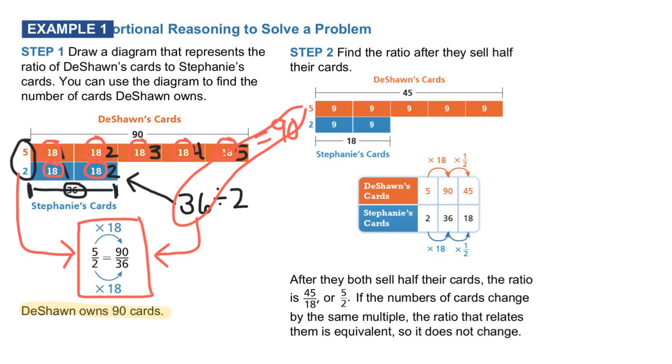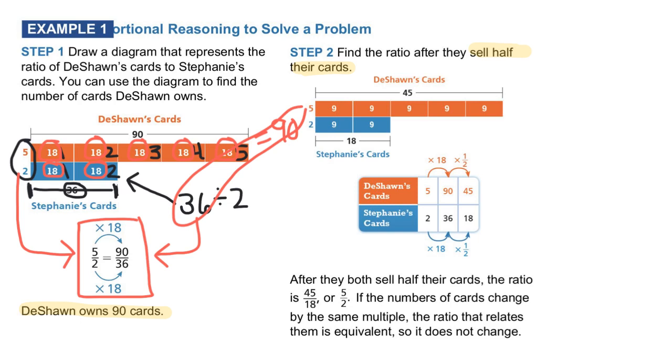Now that only takes us to how many cards Deshawn has. Then, remember, they're going to sell half of their cards. And there's a couple of ways of doing this. We can use the exact same picture that we had to the left, 2 blue boxes and 5 orange boxes. But if they're going to sell half of them, instead of them having an 18 in each of them, they could have a 9 in each of them because that would be half.